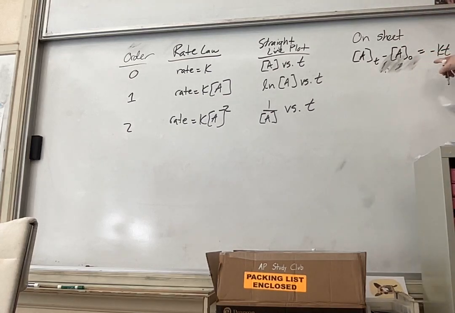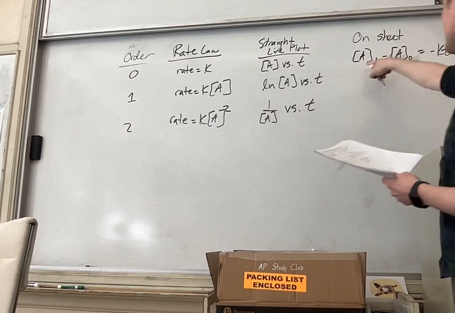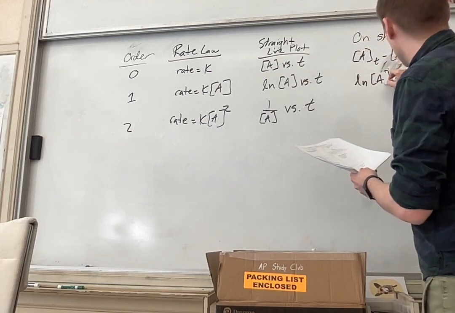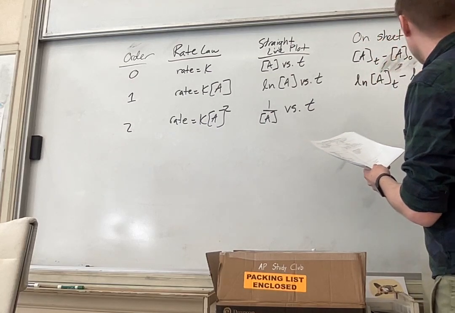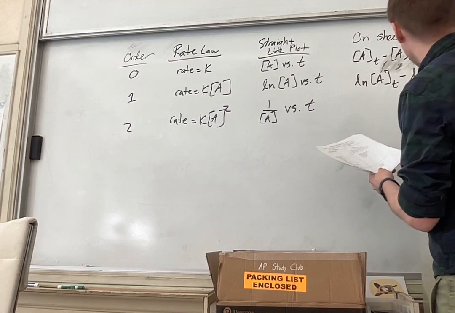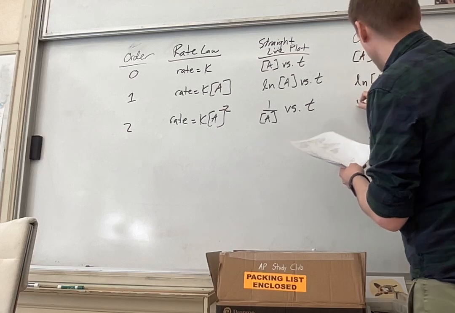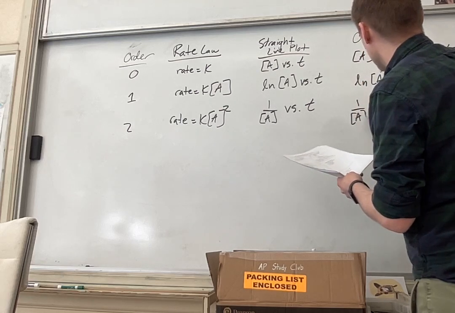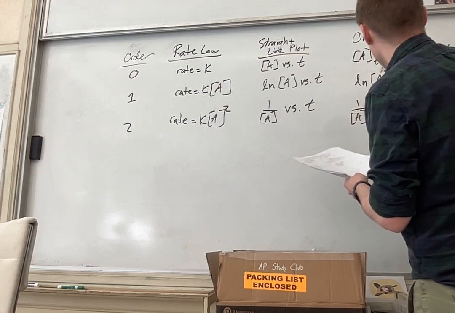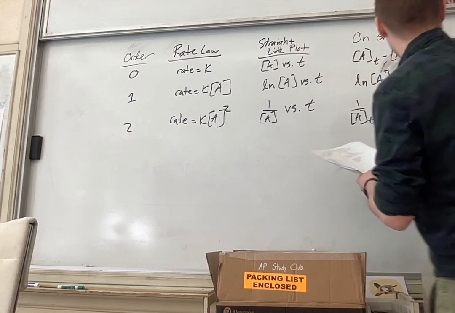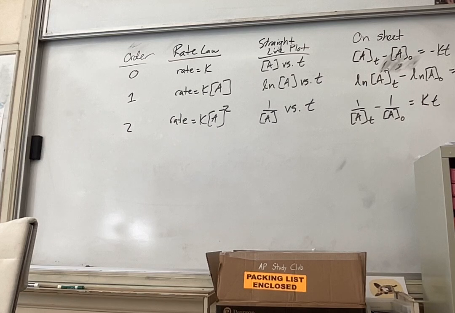By looking at this, you should be able to say that the concentration is linear in time. For this one, the log of A at a certain time minus the log of A at a different time is minus kt. And then this one, 1 over concentration of A at a certain time minus 1 over concentration of A at time 0 equals positive kt. Those are on your equation sheet, and they're listed in that order.